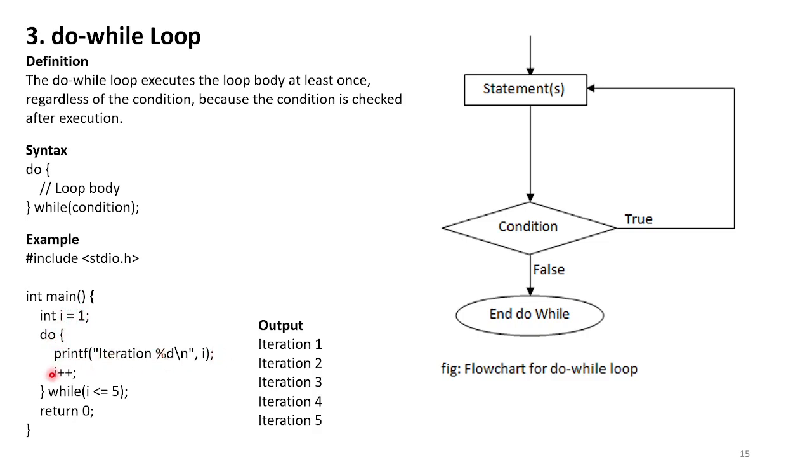After that, 6 will update to 7, and it will check whether 7 is less than or equal to 5. No, definitely it will not satisfy the condition, and the loop will break the very first time. But the fault is that it has already printed the value 6, although 6 does not satisfy the condition of being less than or equal to 5. That's the difference.